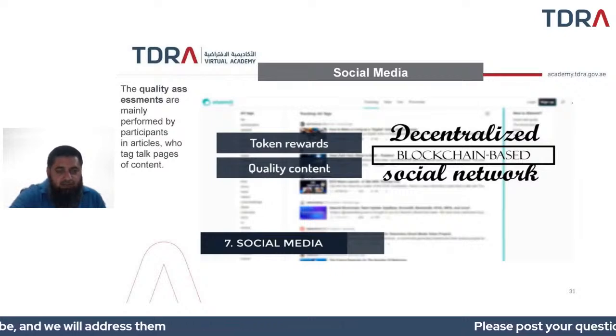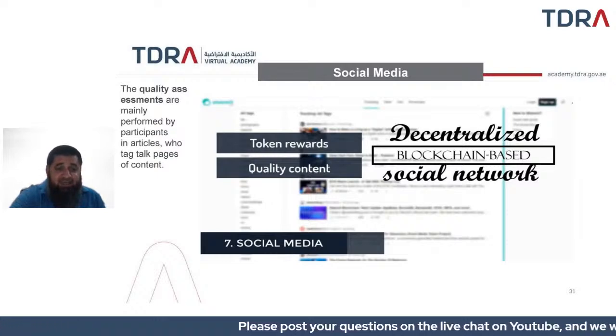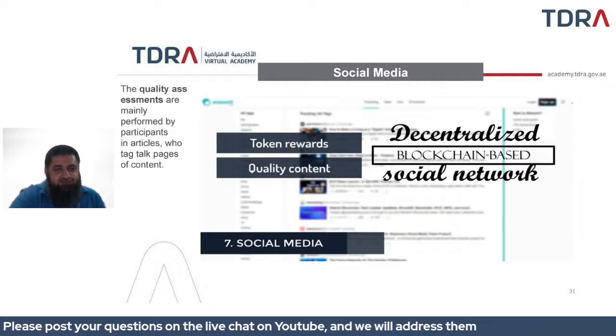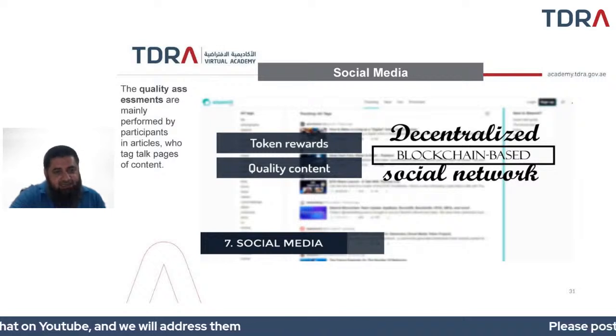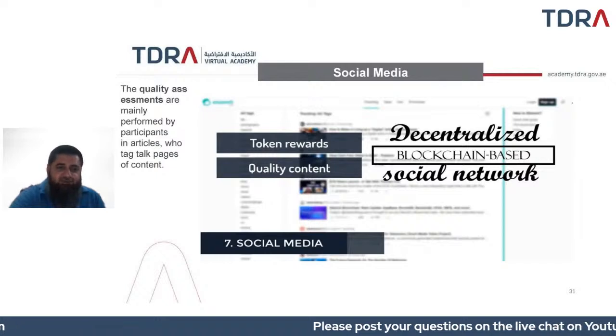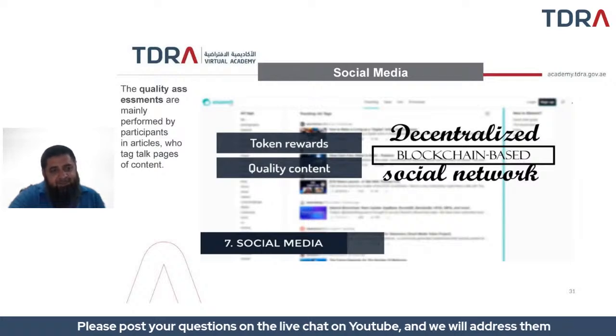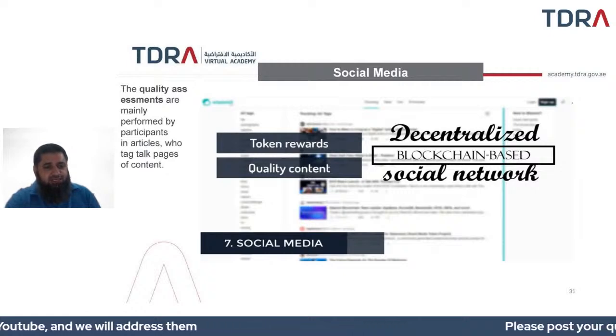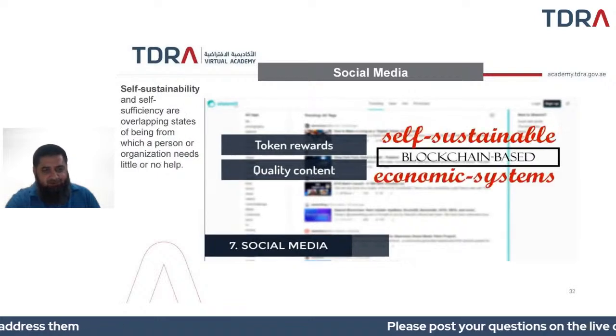So also, everyone is going to share high quality content, because the higher the quality of the content, the more feedback and positive rewards it gets, and the sharing person is going to have more token rewards in response to the content he or she has shared to the social media network.